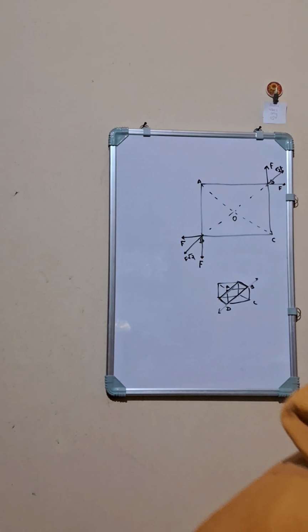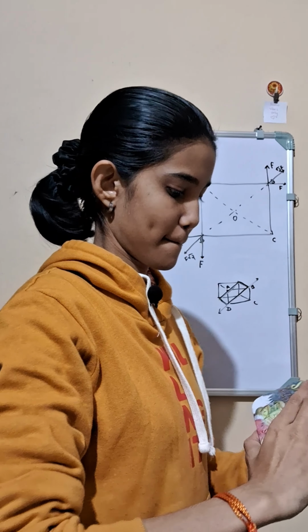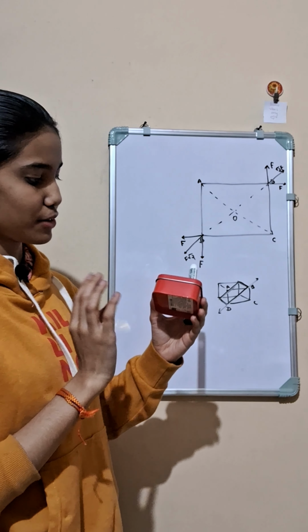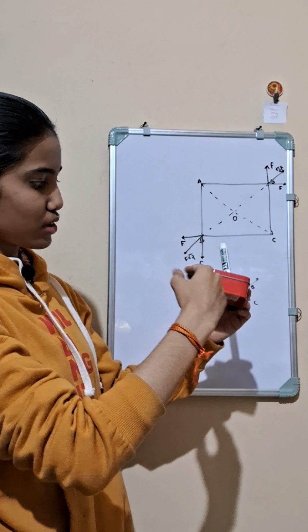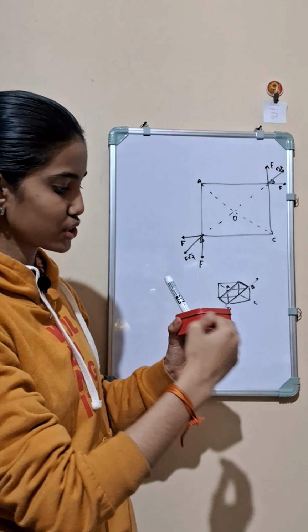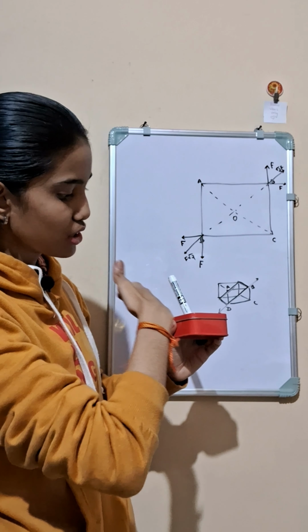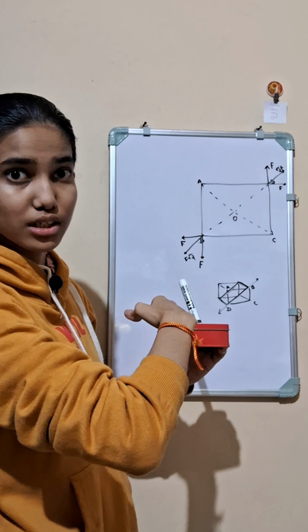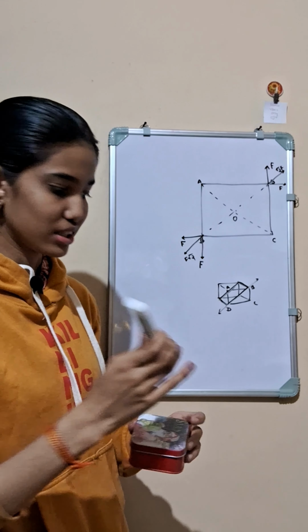Okay, you can see that this is a box. I want to show you along this direction so that it will be clearly visible. So if I slice it something like this, I put something like a blade.